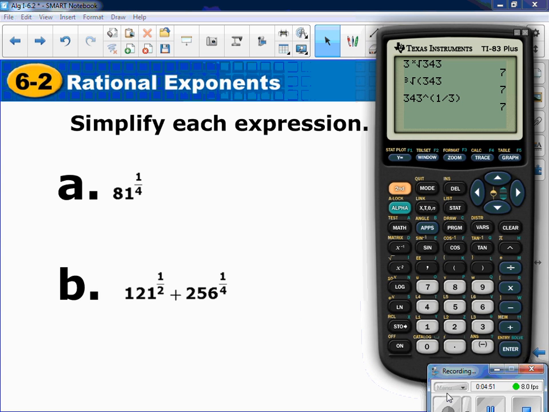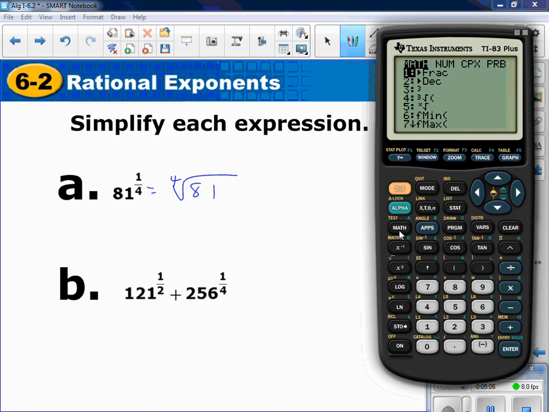What does 81 to the 1/4 mean? The 4th root of 81. So I'm going to go 4, math, 5, 81. The answer is 3. If you do not get a whole number, you leave it like this.